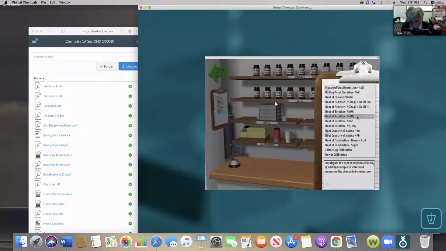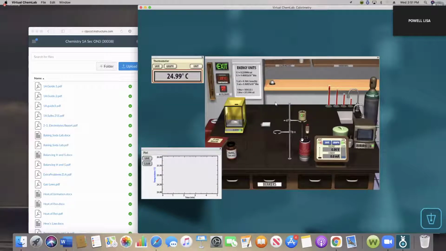Now which one are we doing now? NaNO3. What is the name of it? It is sodium nitrate. Good. Okay, dump it. 2.0578 grams.